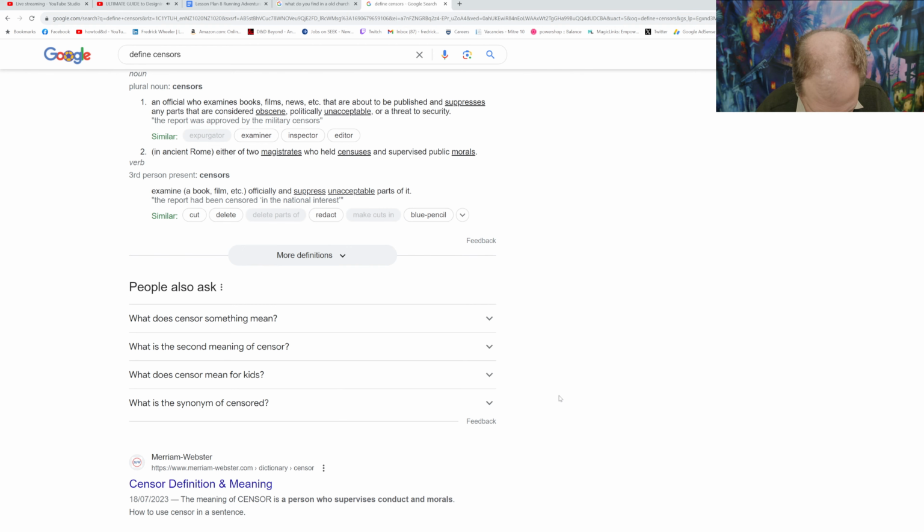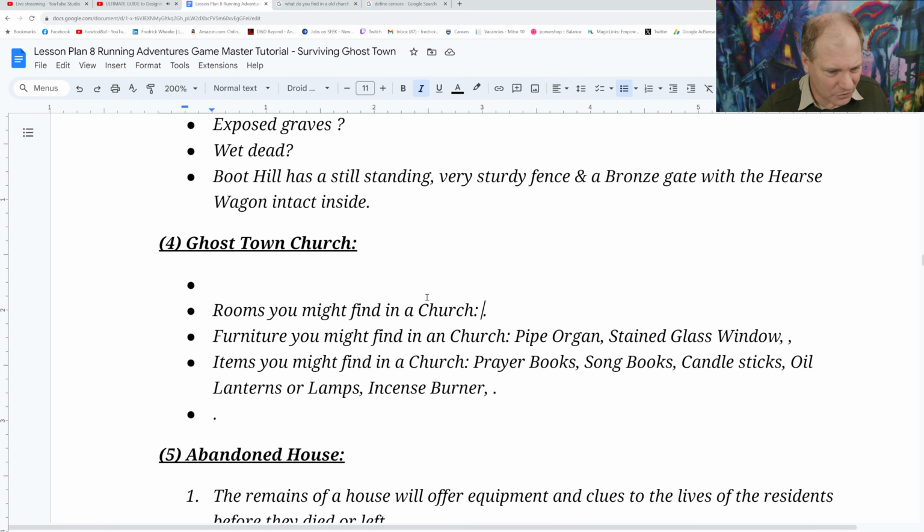Okay. All right. So let's see. I've got to go back here, don't I? Candles. Yes, candles galore. We need to have a lot of candles. Pews. Pews is the seated bench, right? Pews. Altar.